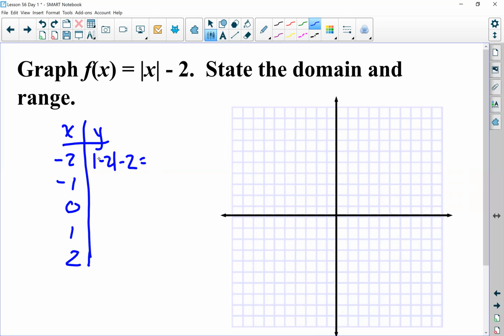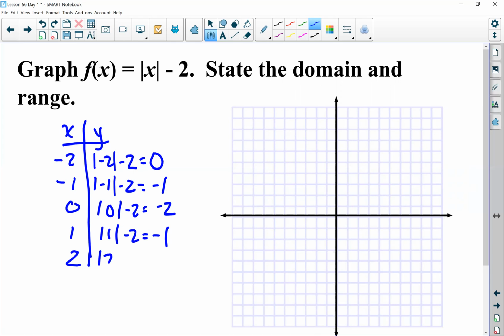Well, the absolute value of -2 is 2, minus 2 is 0. If I plug in -1, I get the absolute value of -1, which is +1, minus 2, that's -1. Absolute value of 0 is 0, and 0 minus 2 is -2. And likewise, if I plug in +1, I get +1 minus 2, which is -1. And if I plug in +2, I get 2 minus 2, which is 0.